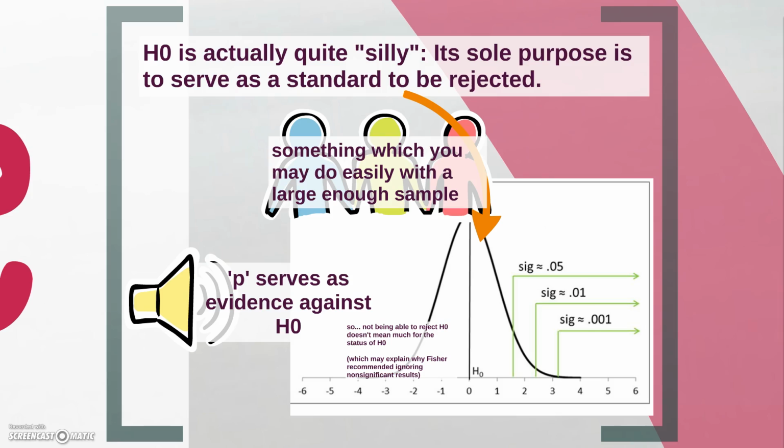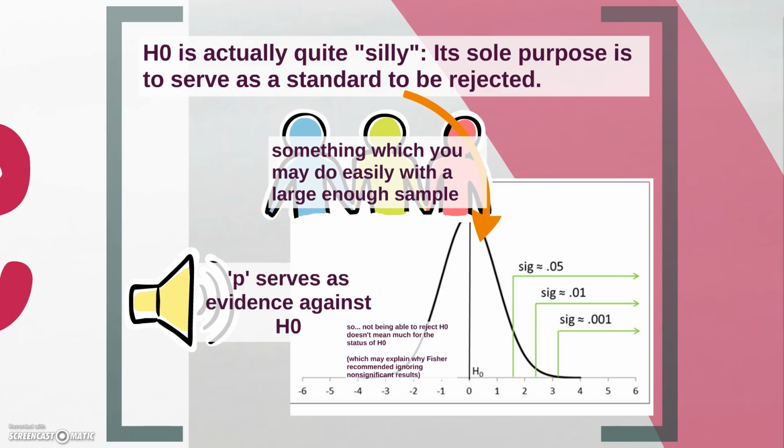Now, how large this sample size can be, we cannot guess, but any difference, even any minimal difference between the two groups, can be found significant if the sample size is large enough. So many times when we find non-significant results, it's because the sample size was not large enough.